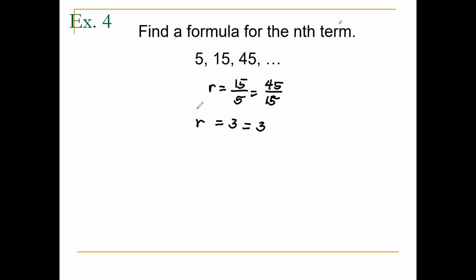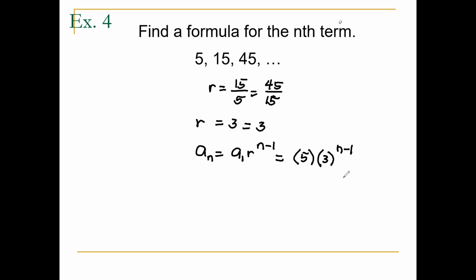To find the formula for the nth term, since it's geometric because they have a common ratio, we're going to use the general rule a sub n equals a sub 1 times r raised to n minus 1. Here, the first term is 5 multiplied by r, which is 3, raised to n minus 1.